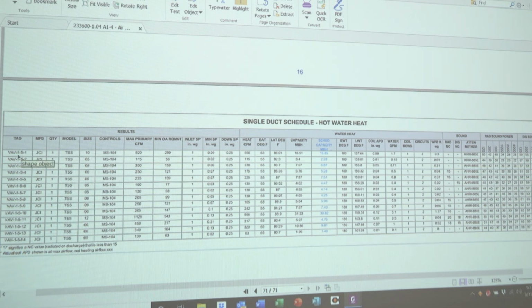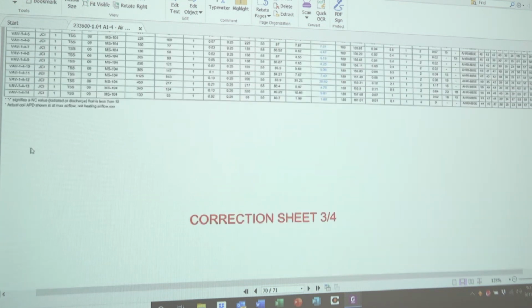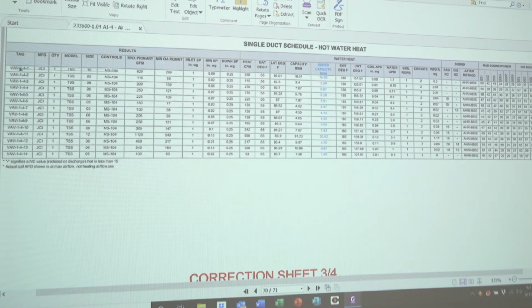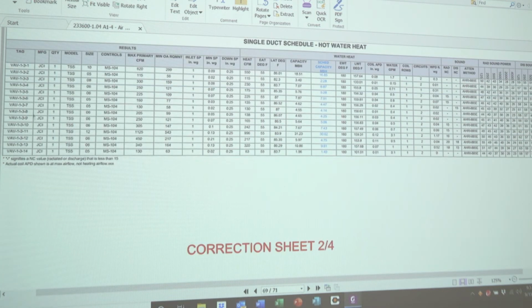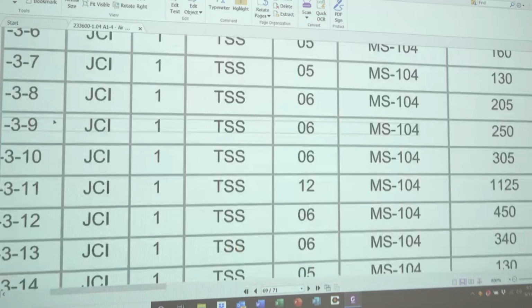Again, VAV-1 would always relate to air handling unit number 1. VAV-1, 4th floor, always related to 4. 3rd floor, see there's 14 boxes on the 3rd floor, related to VAV-1.